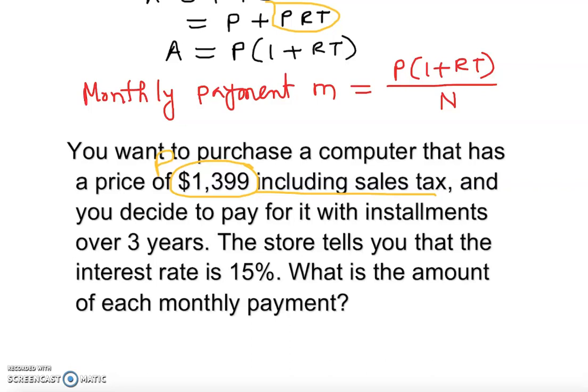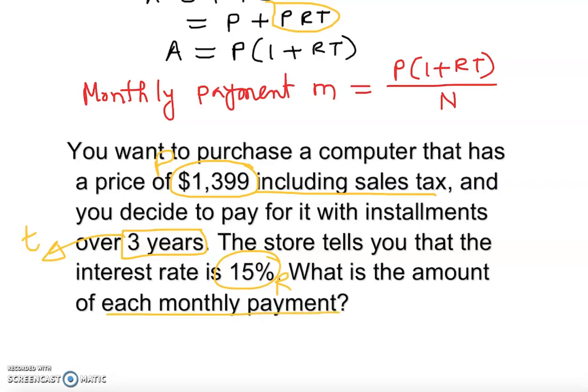You don't have to pay it separately, but it's inside there. You decide to pay it by installment over 3 years. Here you go, so my T is 3 years. It tells you there is a 15% interest rate.